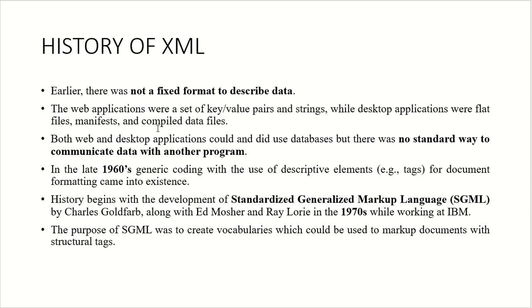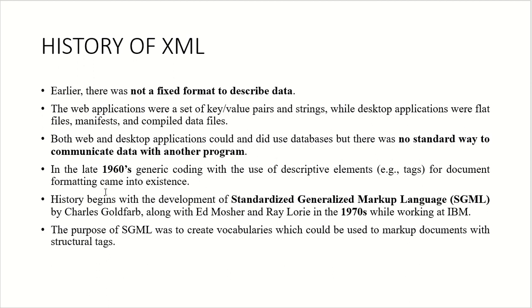There was no standard way to communicate data with another program. So in late 1960s, generic coding with use of descriptive elements for document formatting came into existence. Alright, some tags were developed, but this was also not the end.